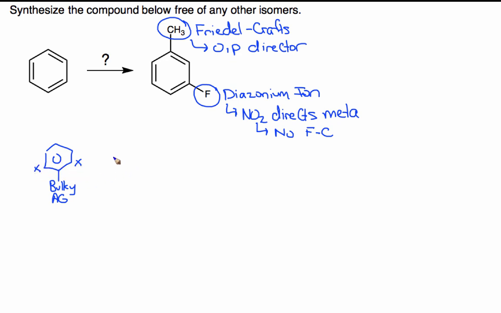So if we have that, we can now install the methyl. So that lets us get our methyl group in position. Now what we can do is sort of remove the bulkiness of this group. So just get that back down to just a standard activating group.